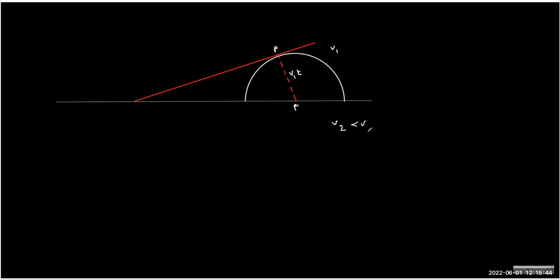Let's say V2 is less than V1. So this point acts as a source of wave, and it creates a wavefront. But this wavefront will travel a very small distance. Why? Because the speed has decreased, so it does not travel more.